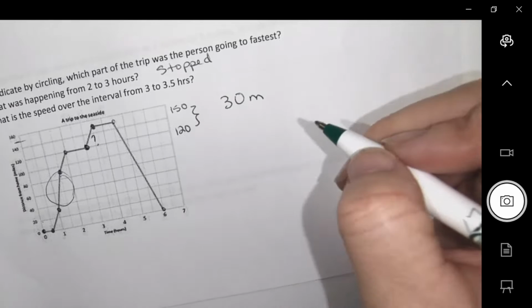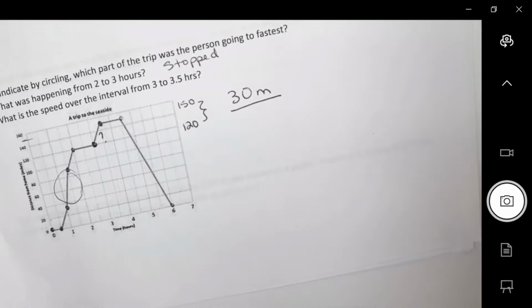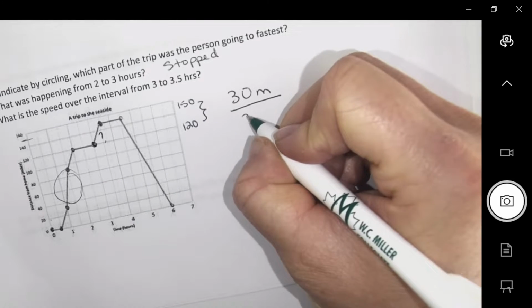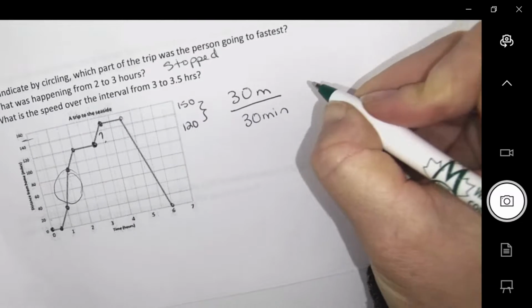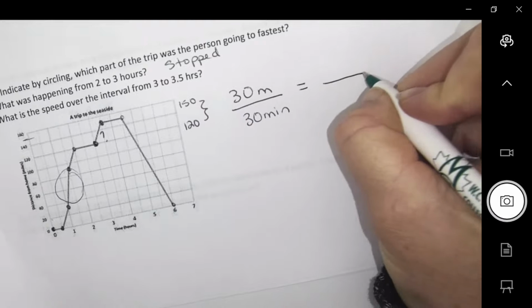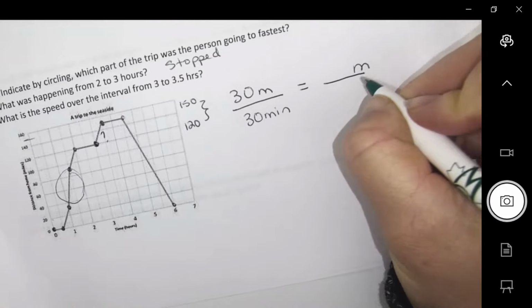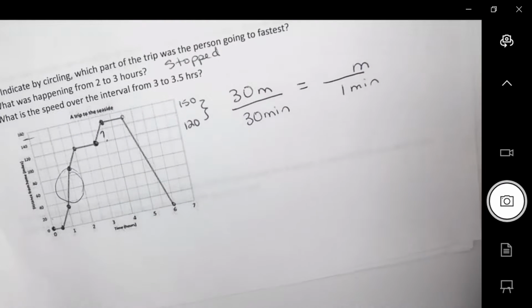30 meters for how long? 30 minutes? Which means how much per 1 minute? 1 meter per minute is a rate. That's a unit rate.